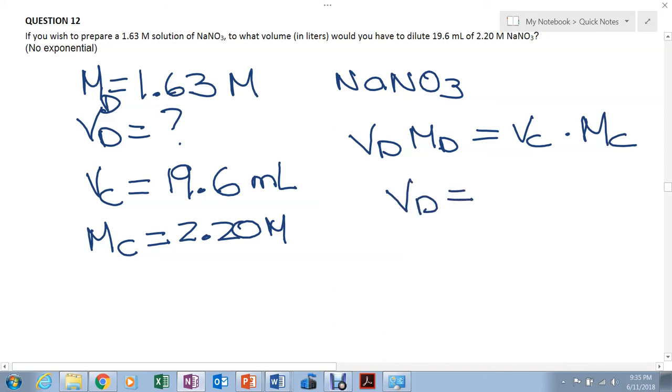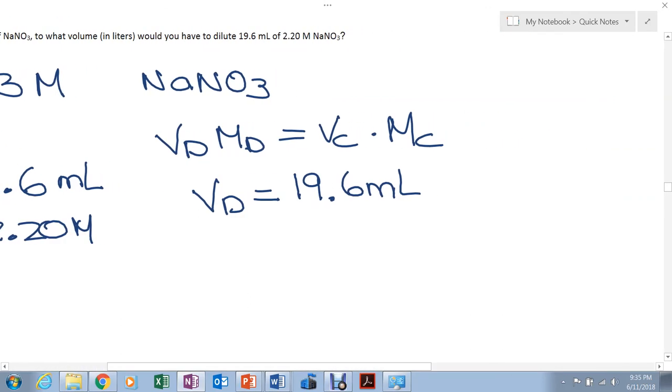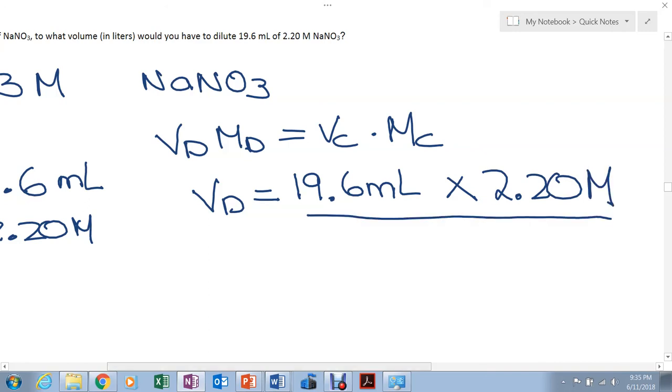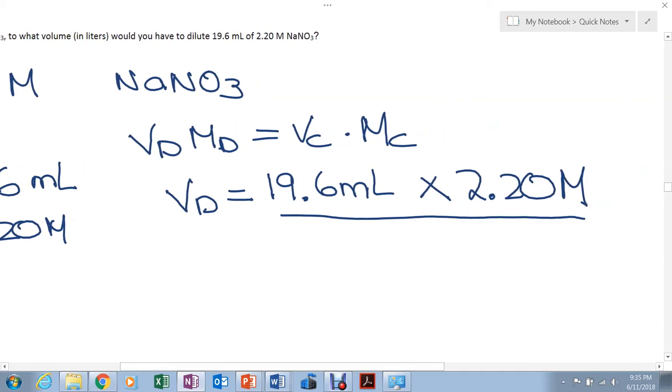The volume of the dilute would be 19.6 milliliters multiplied by 2.20 M divided by the molarity of the dilute, 1.63 M. M and M cancel out.